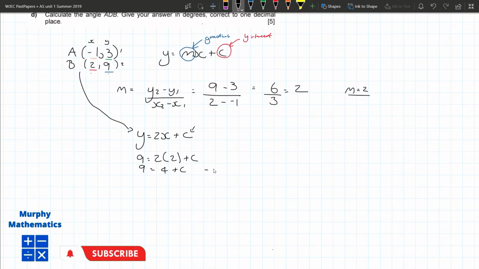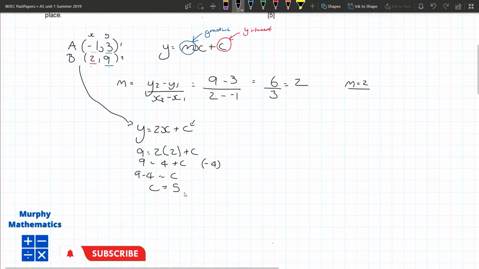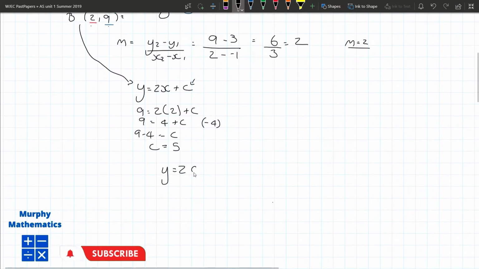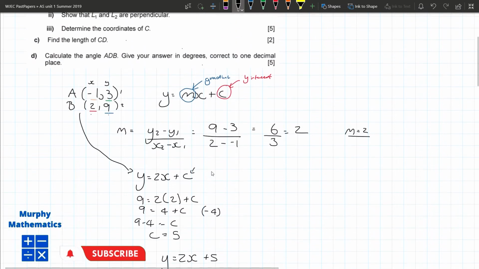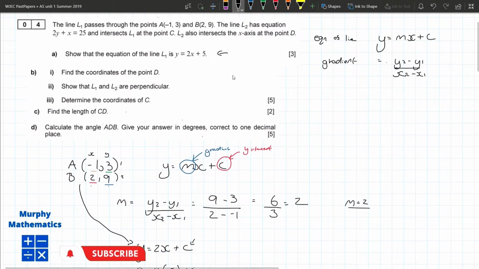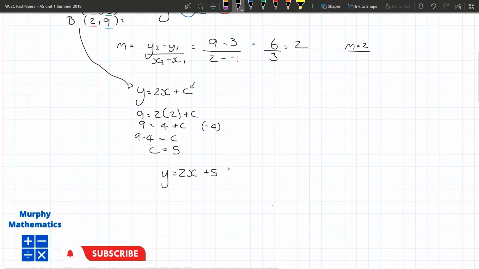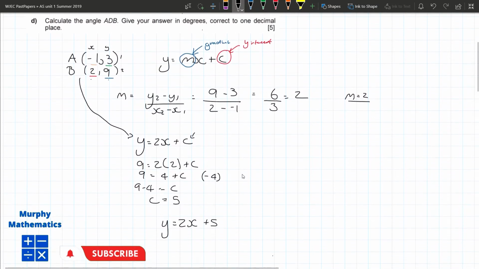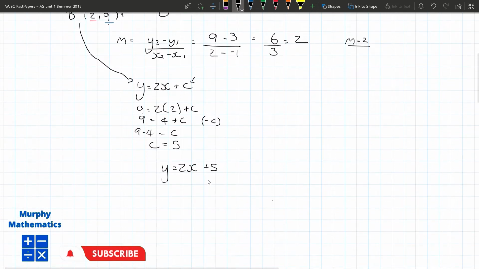Then minus 4 from both sides, we have 9 minus 4, which is 5, equals c, so c equals 5. Using that, we can now put it into our equation, so we now have y = 2x + 5, and that should be what we were asked to find. We're told that L1 is y = 2x + 5, so to show that the equation of L1 is y = 2x + 5, y = 2x + 5 as required.